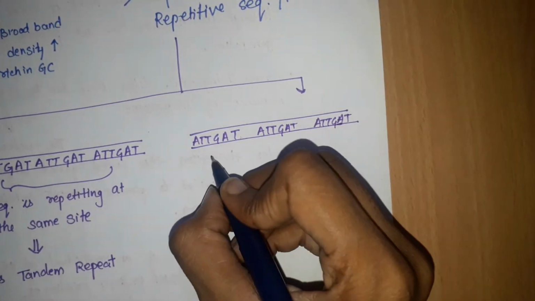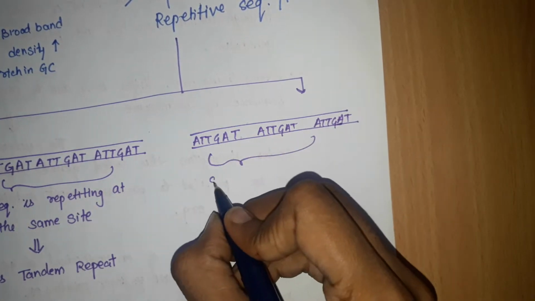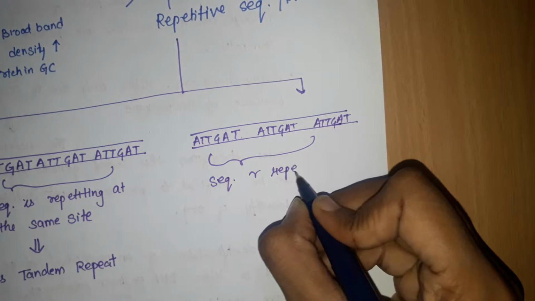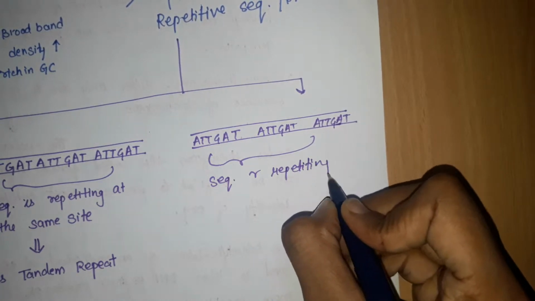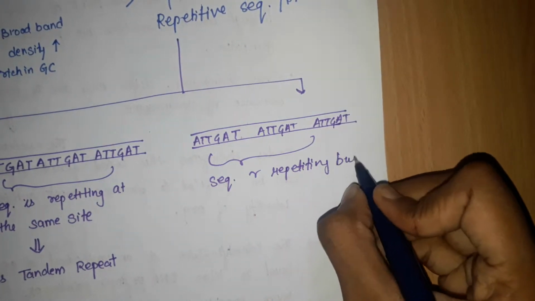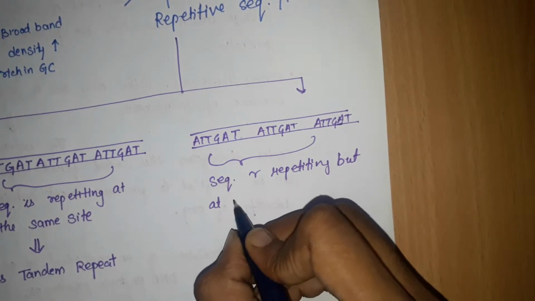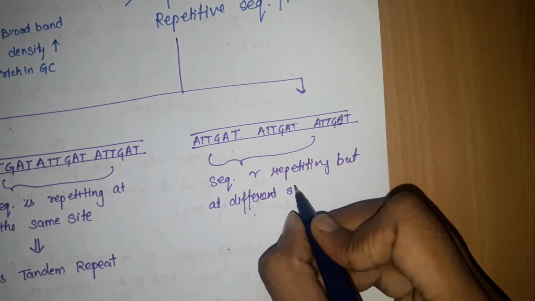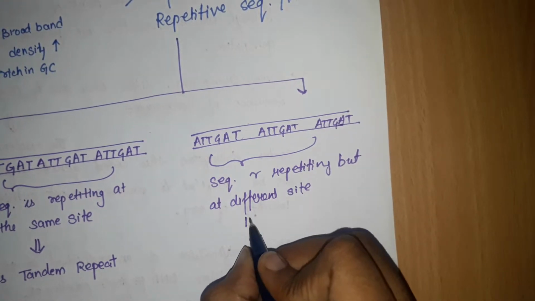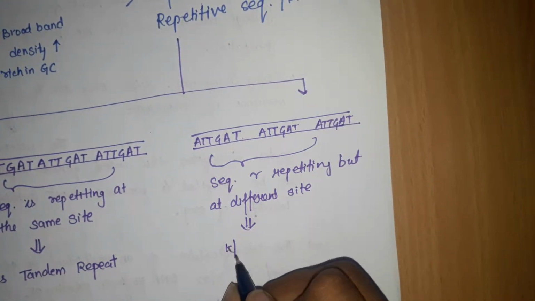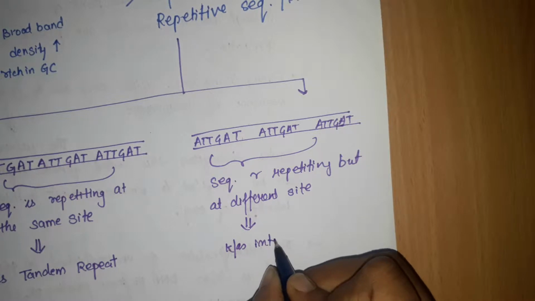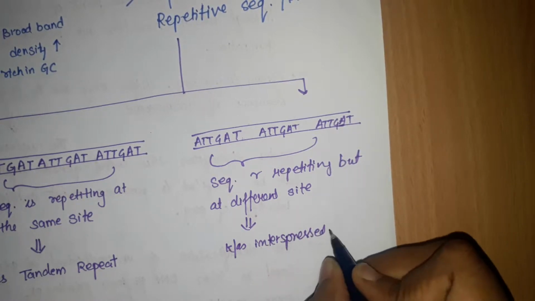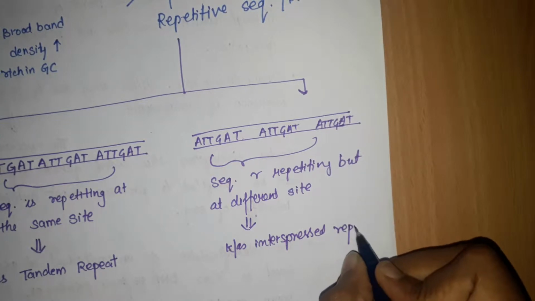Here also we are seeing the sequences are repeating, but at different sites, and this is known as interspersed repeat.